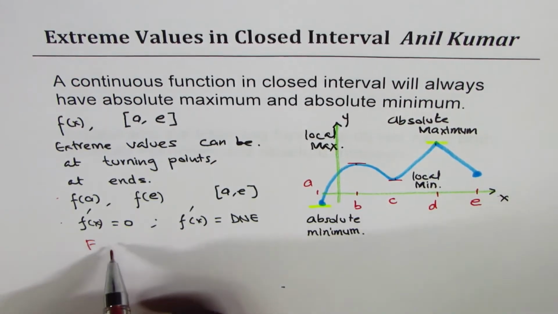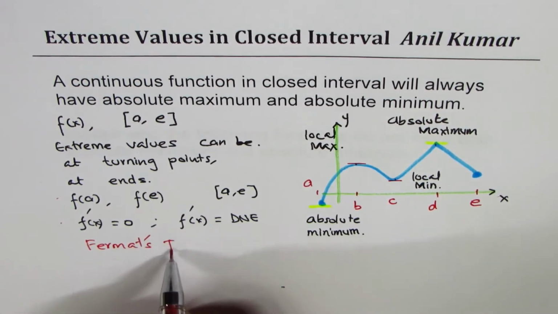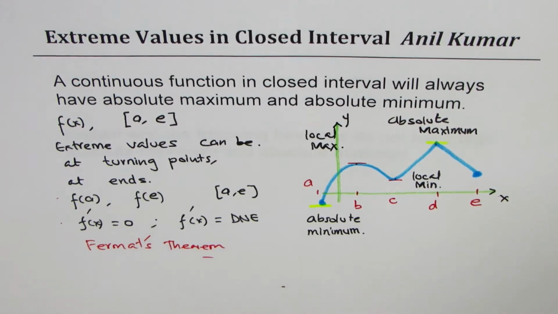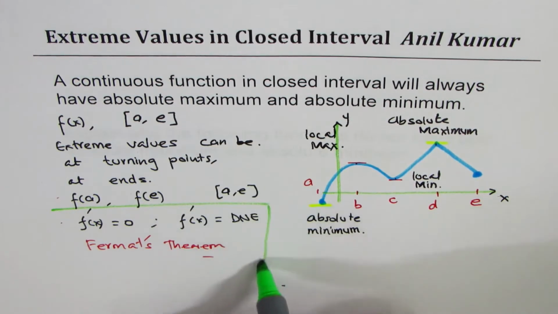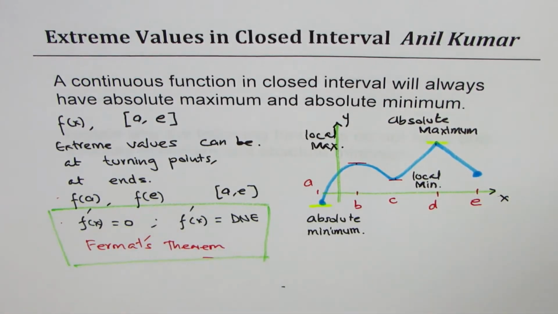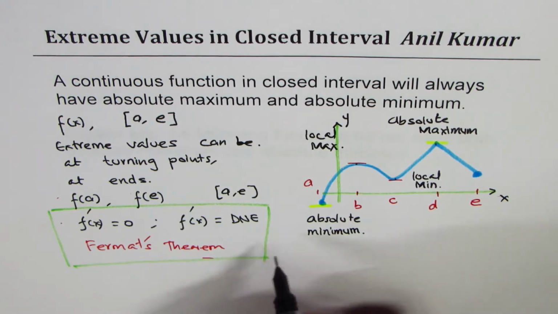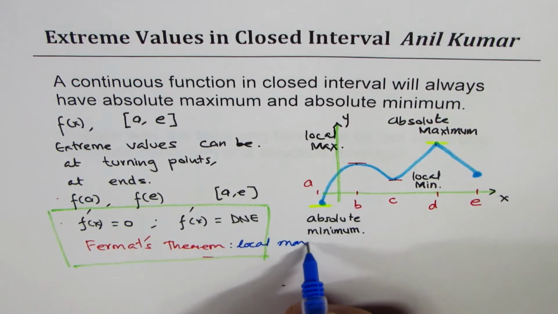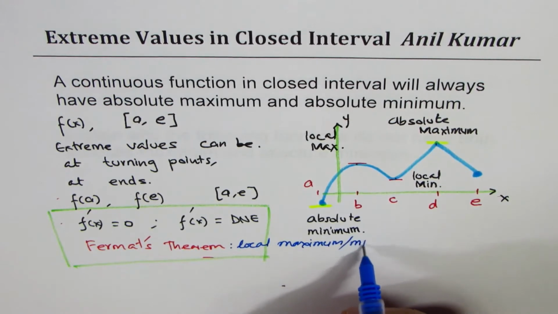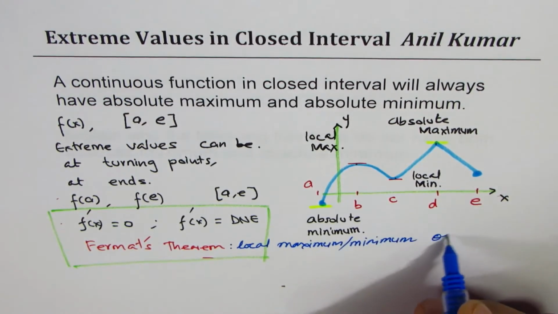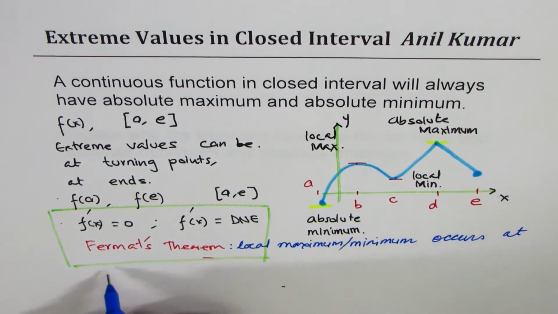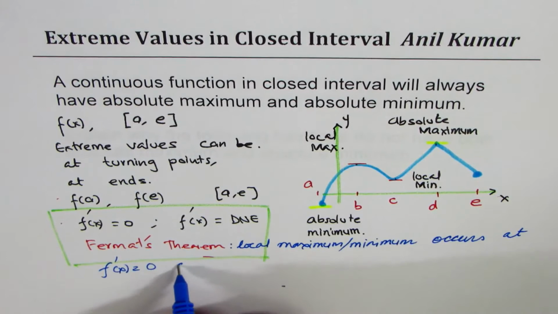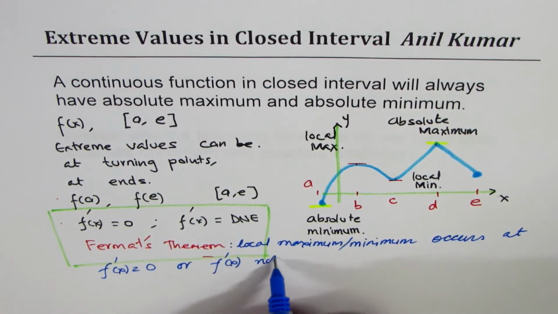We have Fermat's theorem, which says that the local maximum or minimum occurs at f dash x equals 0 or f dash x not defined.